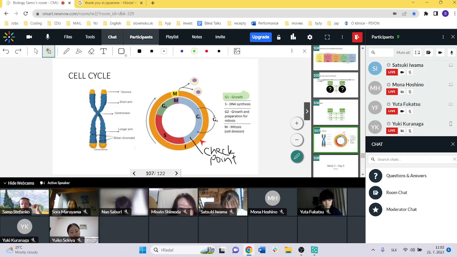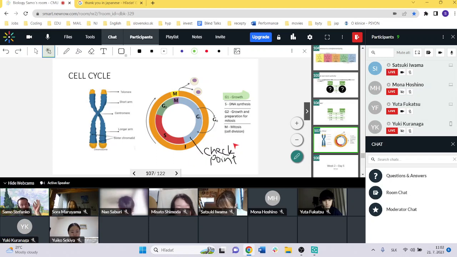The checkpoint you mentioned is very important because before the S phase, when the DNA replication is happening, the cell is checking herself whether everything is okay, whether there is no error in the DNA or in the genetic material. So this is the first checkpoint.